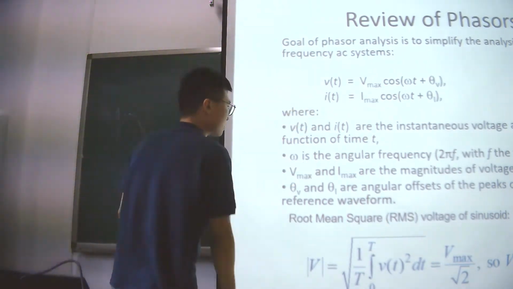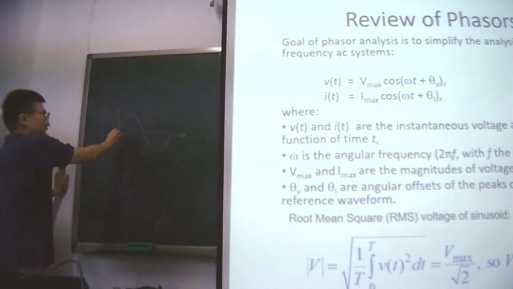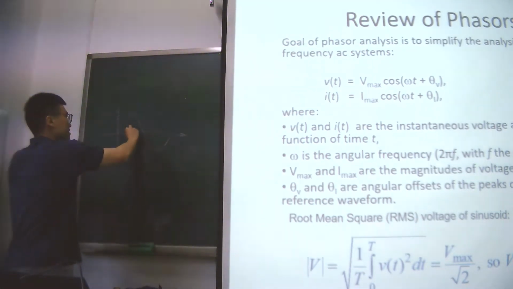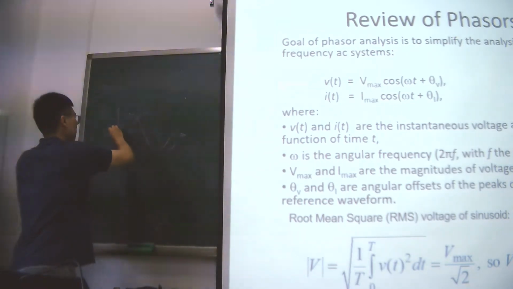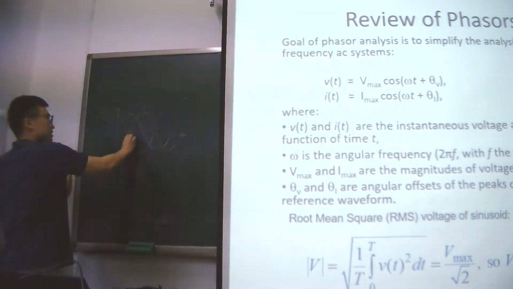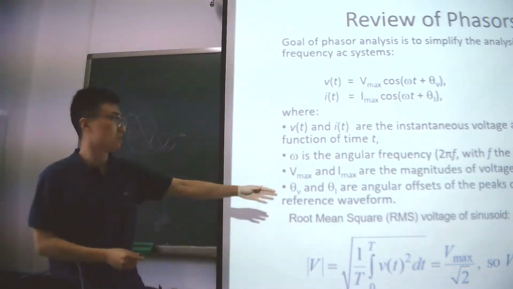And this theta is the angular offset. If like this, the offset will be 0, right? But doing like this or like this, we can do maybe 60 degrees or minus 60 degrees, right? This is the theta.